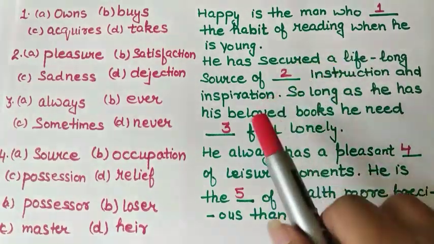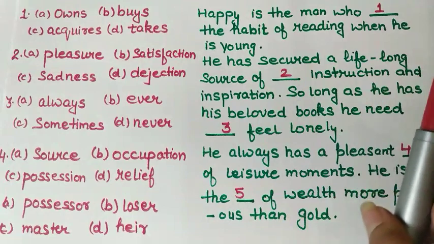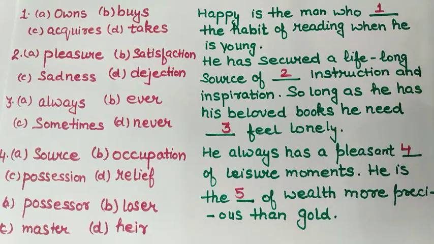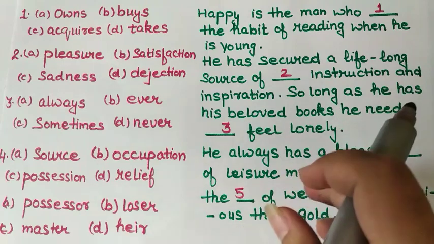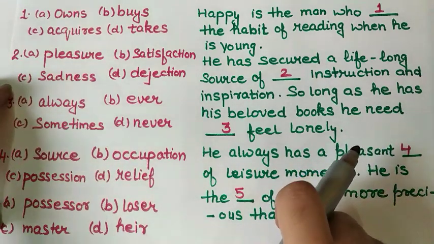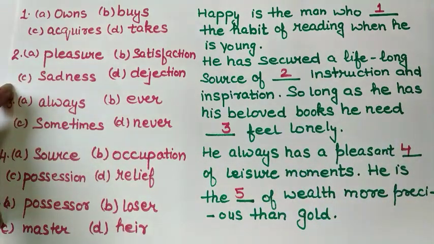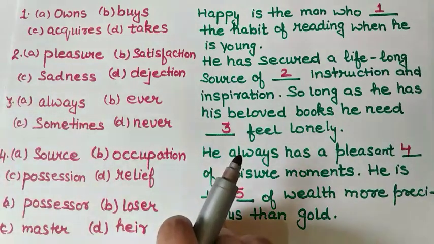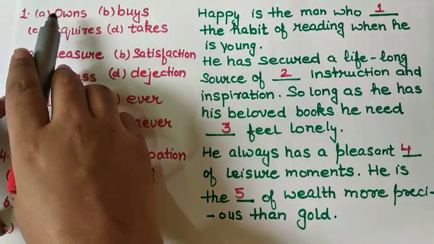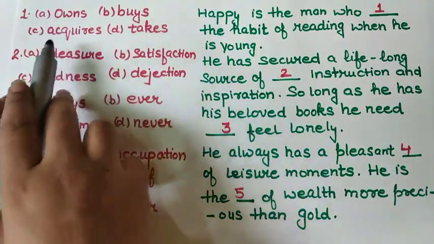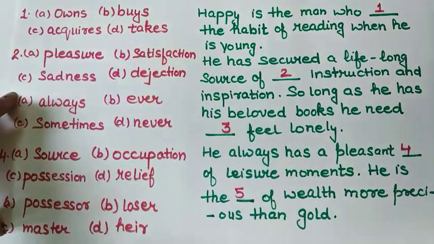Okay, the first one. Happy is the man who dash the habit of reading when he is young. Now see the options here, and we can use the approach of option elimination if we are not able to understand or relate the paragraph lines. The options are owns, buys, acquires and takes.